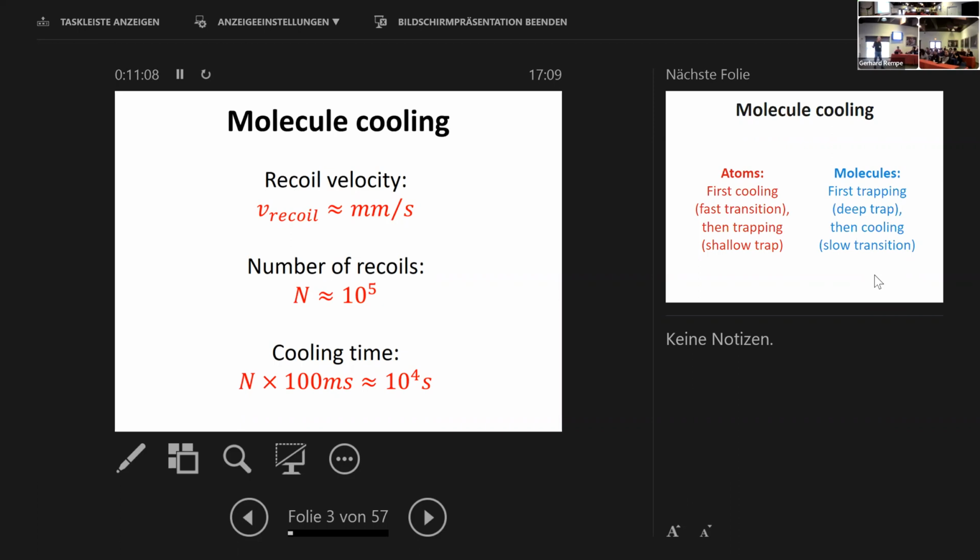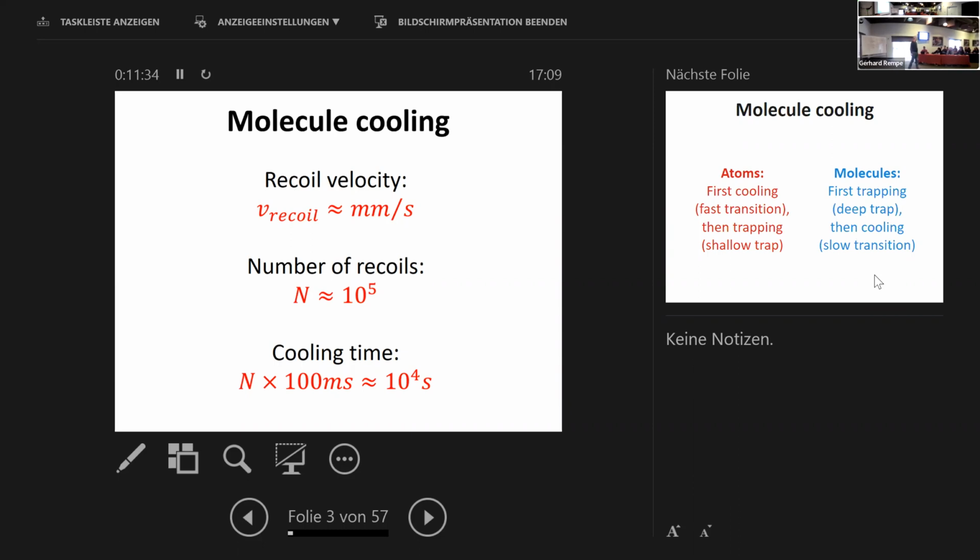So in order to slow down the molecule or the atom from 100 meters per second or so with photon recoils of millimeter per second, you might need 10^5 photons, 100,000 photons. This can be done fast for atoms, but for molecules, it's kind of slow. So this number multiplied by 100 million is 10,000 seconds.